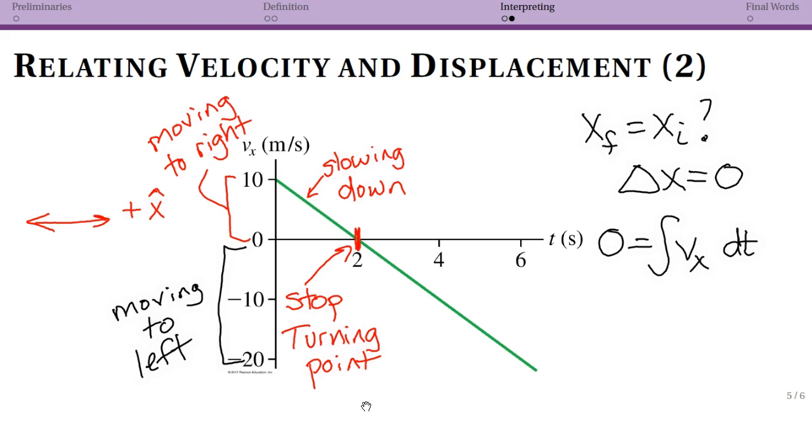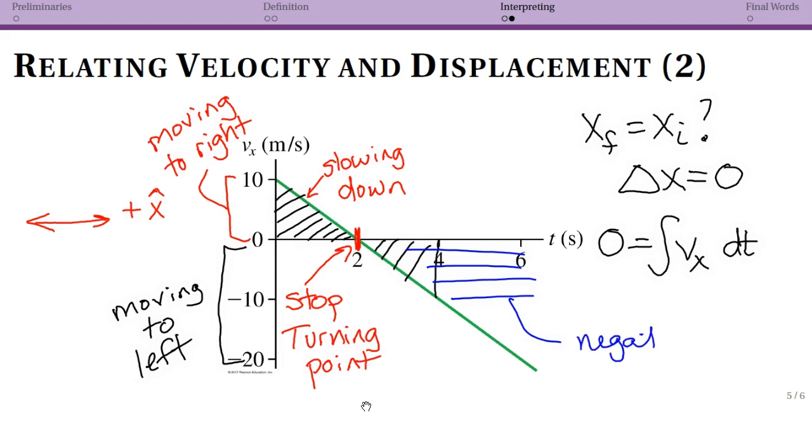Well, notice that this entire part here, we have a positive area under the curve. So that entire time it is moving farther and farther and farther away. But then it stops and it starts coming back. So we would call this, and remember this area here actually is then negative area under the curve, right? So this is negative in our integral.